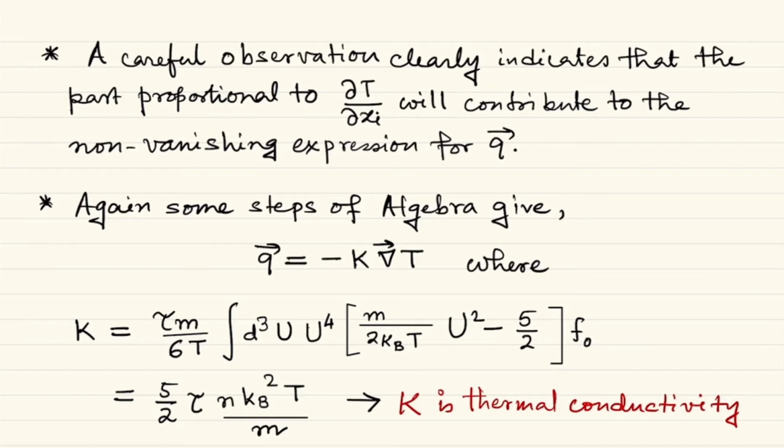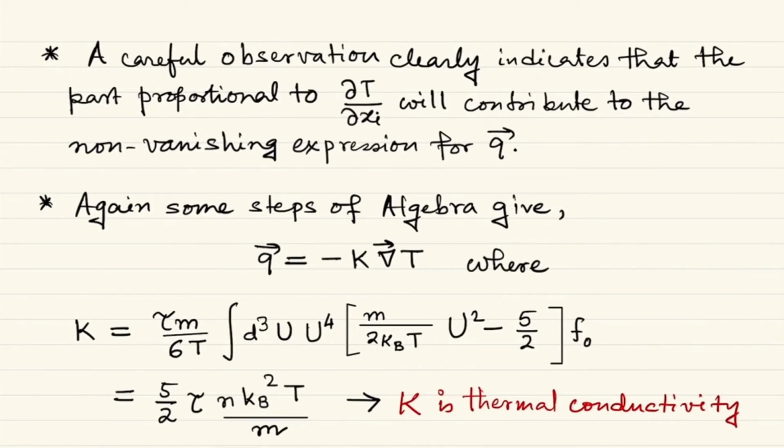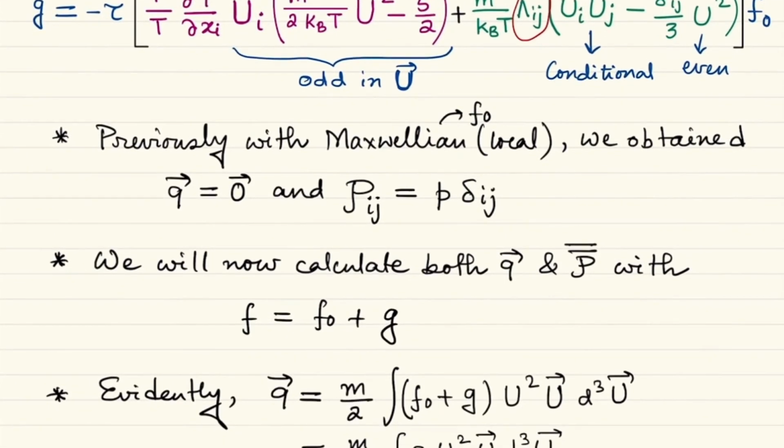So some steps of algebra can give you that Q is actually equal to minus K times gradient of T. We already showed that the part of G which is proportional to this will contribute only. So Q should be expected to be proportional to gradient of temperature.